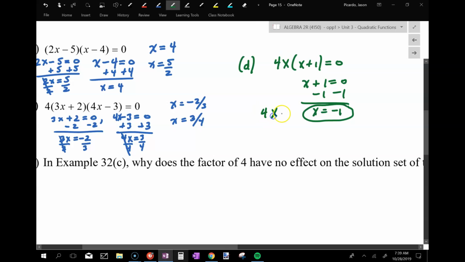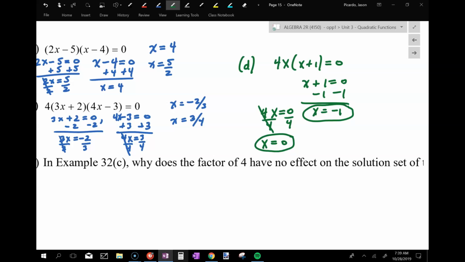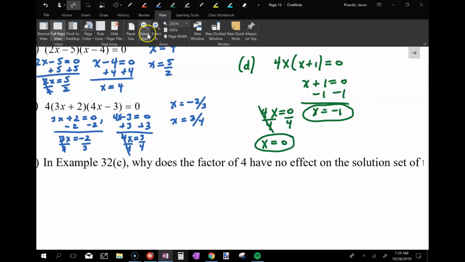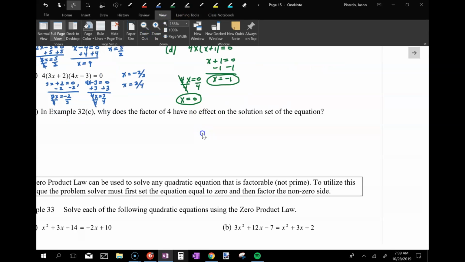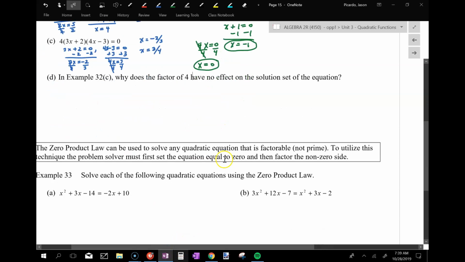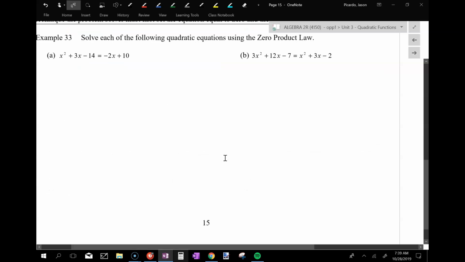So if there's a variable out in front, then that's going to make a difference, right? If there's a variable out in front, that is going to make a difference, okay? Are we okay with that? All right, I already answered this question in example D.